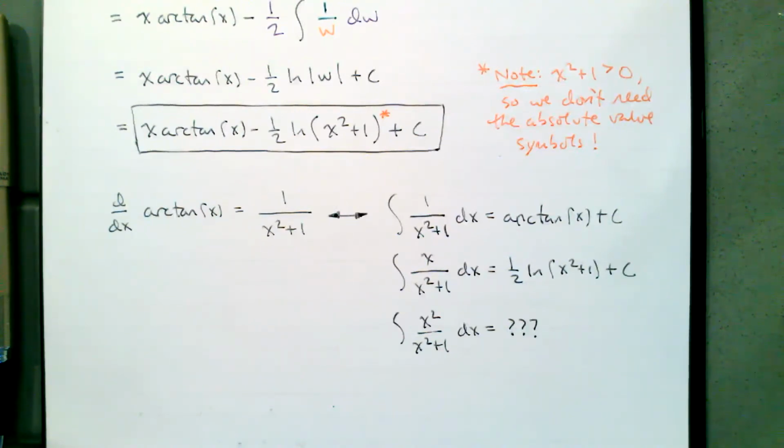So let's see what we need to do here. We've got x squared over x squared plus 1.